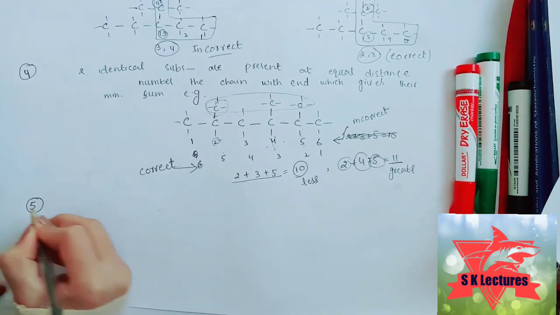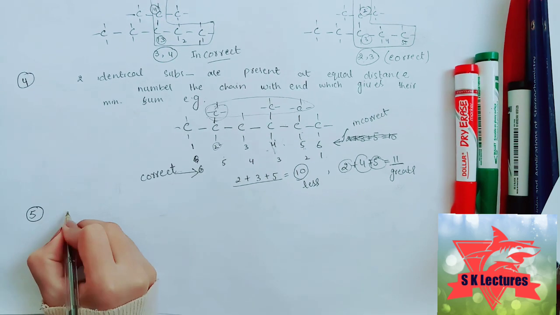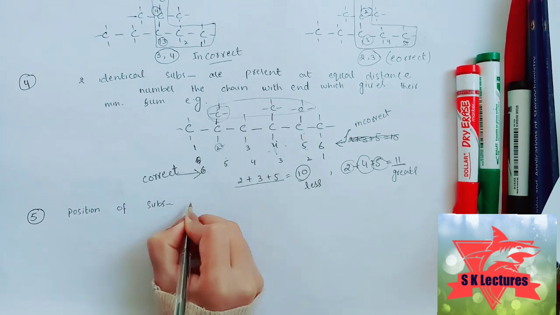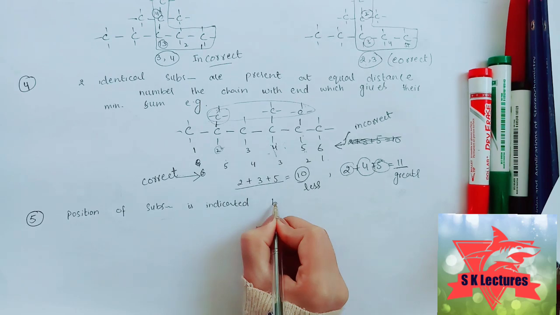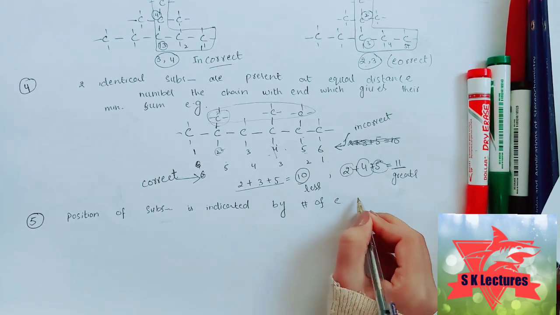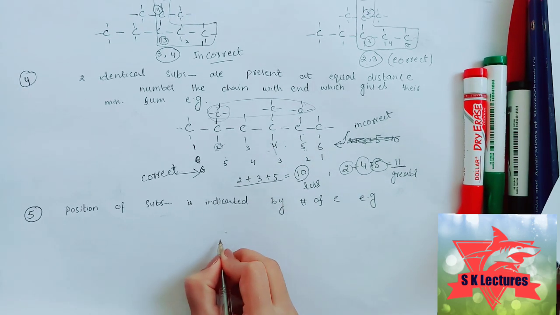So for the fifth rule, the position of a substituent is indicated by the number of the carbon atom to which it is attached. How will we tell on which position the substituent is present? By the number of the carbon atom on which it is attached. The number is prefixed to the name of the group, separated by a hyphen.